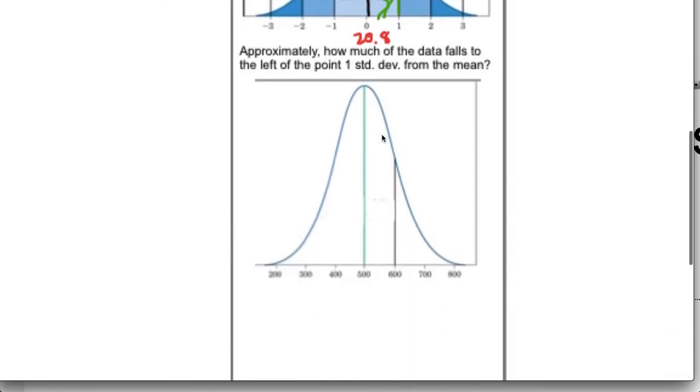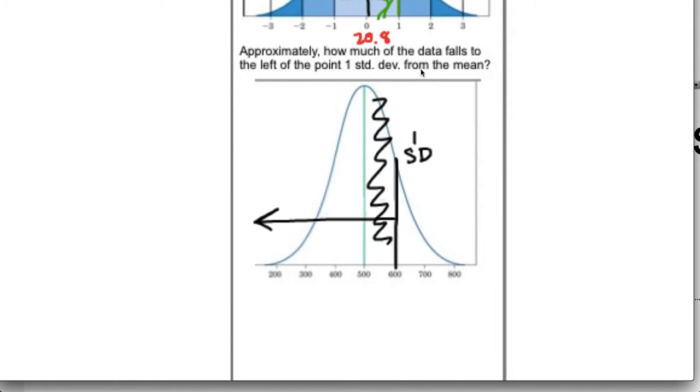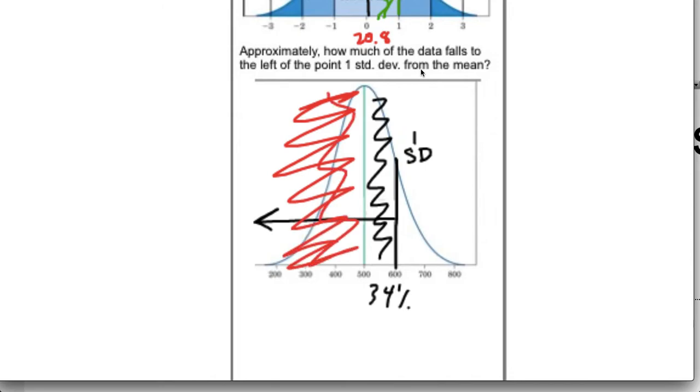This question asks approximately how much of the data falls to the left of the point 1 standard deviation from the mean. Here's our 1 standard deviation, and it's asking how much falls to the left. In this chunk, that's 34%, and in this chunk, that's 50%.